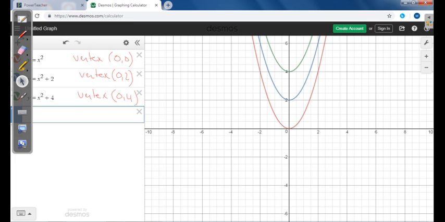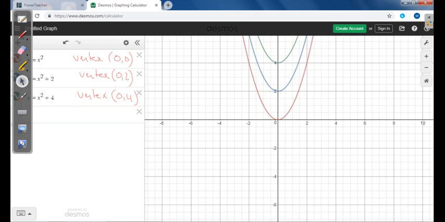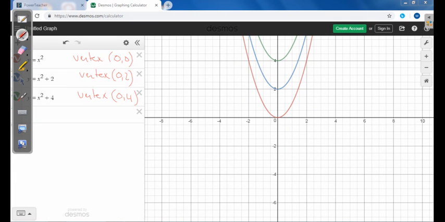Are you going to see a reflection? What causes the reflection? If a is negative, right? In this case, it's y equals x squared minus 1, so there's not going to be a reflection because I don't have a negative here.